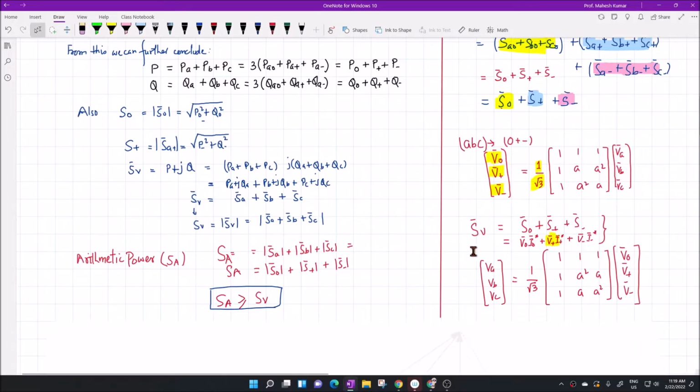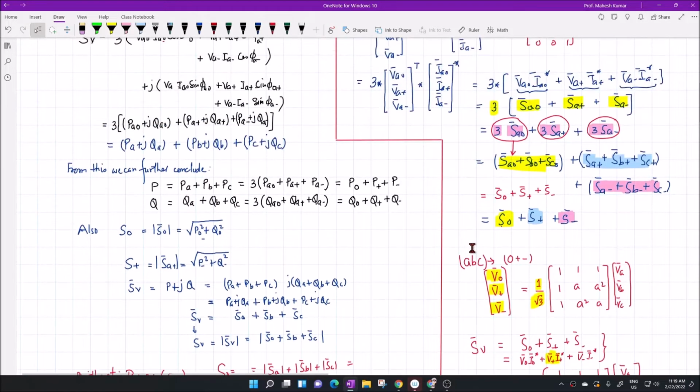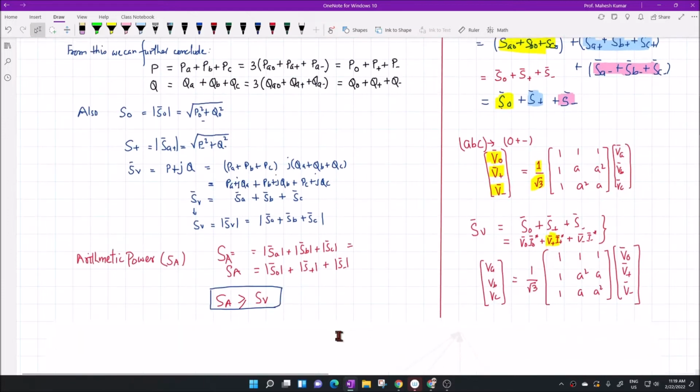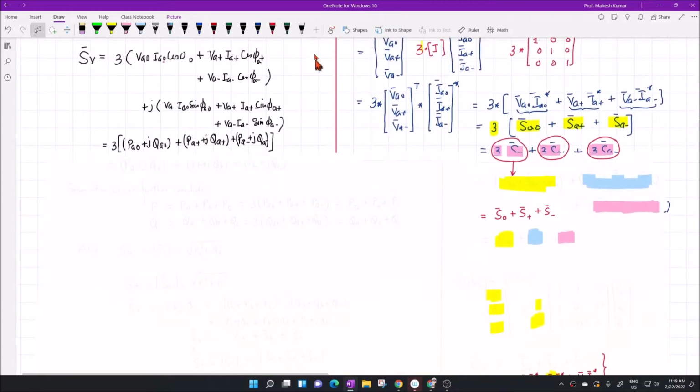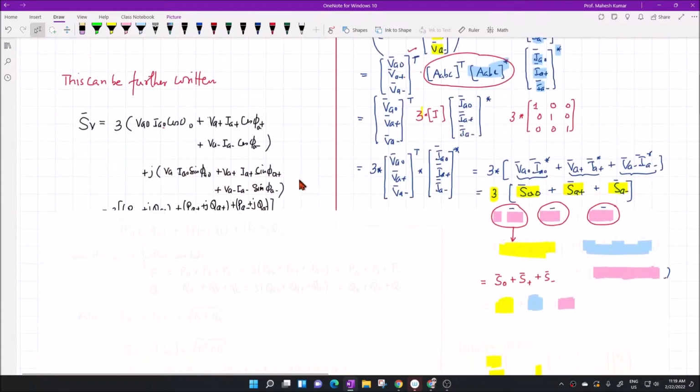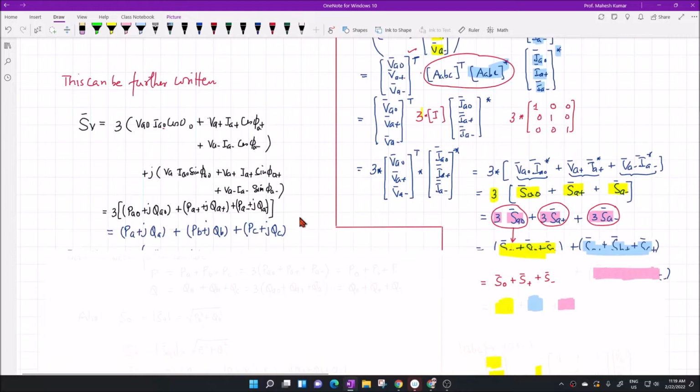Now we have learnt that the complex apparent power can be resolved in terms of the zero sequence, positive sequence and negative sequence components. We can also find its value in terms of the real and reactive power using this transformation.